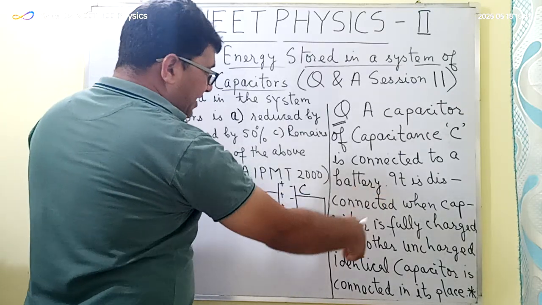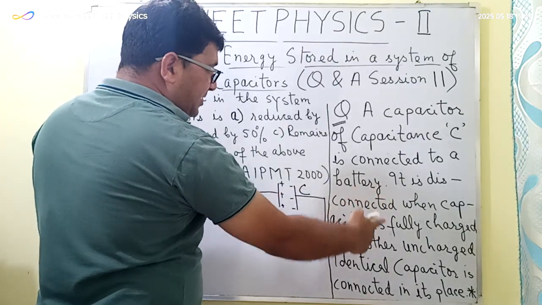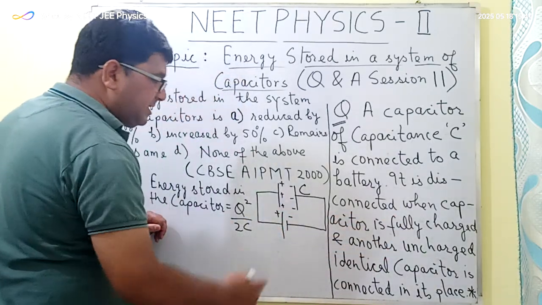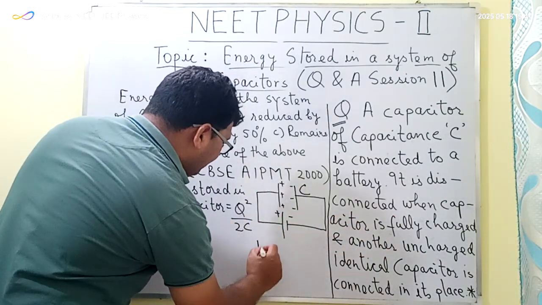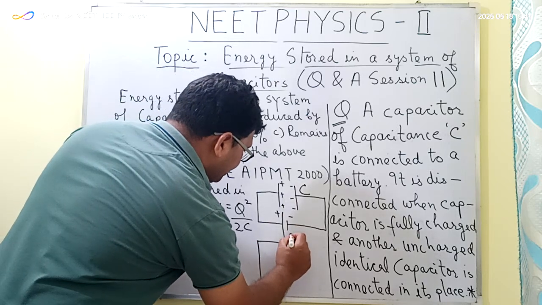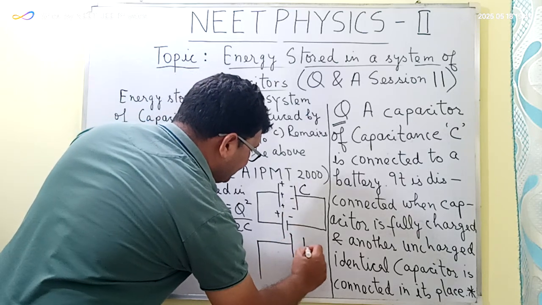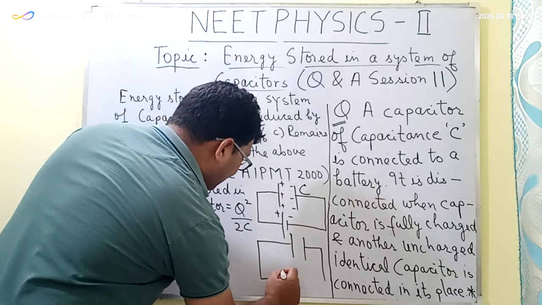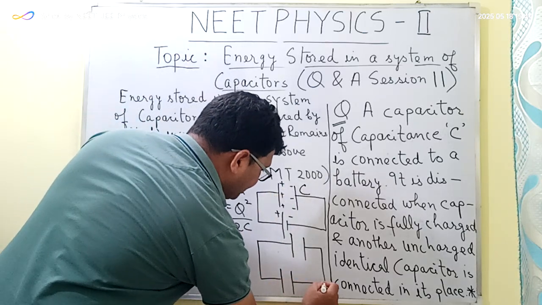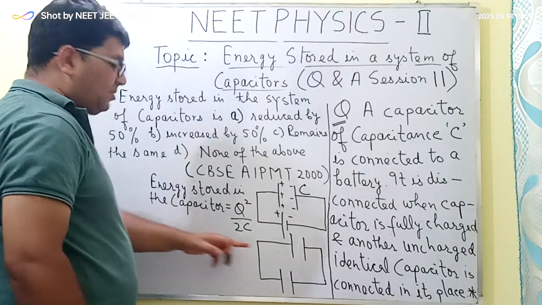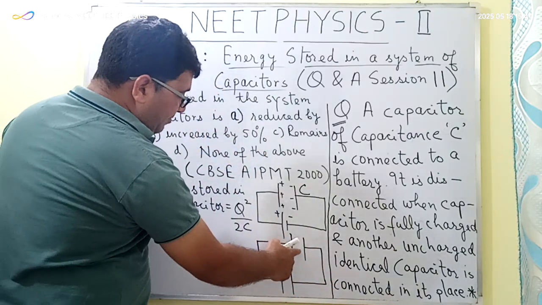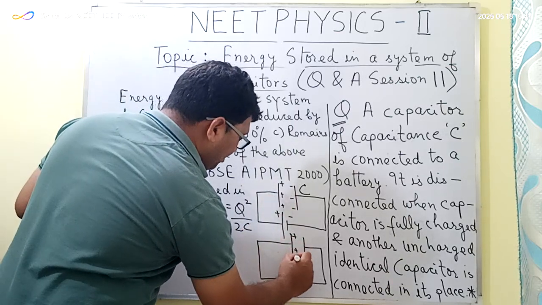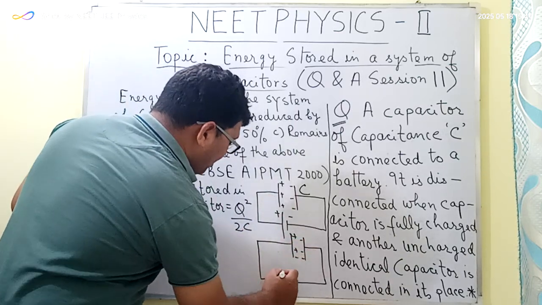Now this battery is disconnected when the capacitor is fully charged, and another uncharged identical capacitor is connected in its place. So now the figure will be something like this. This is the capacitor, and another identical uncharged capacitor is connected across this capacitor.